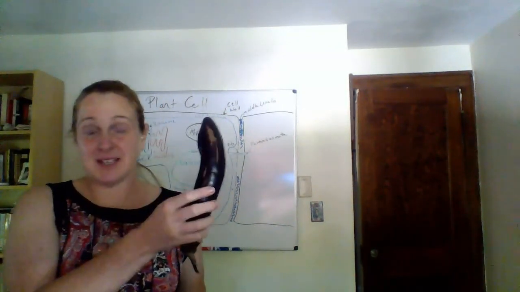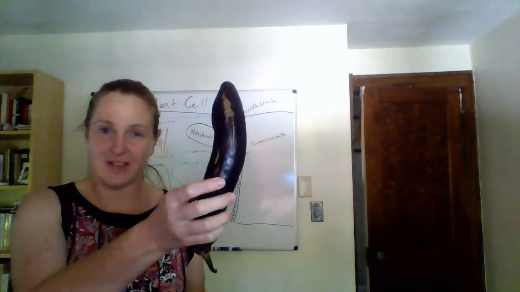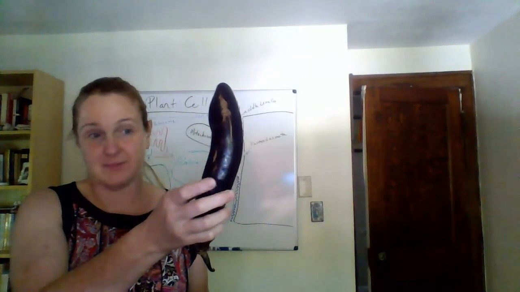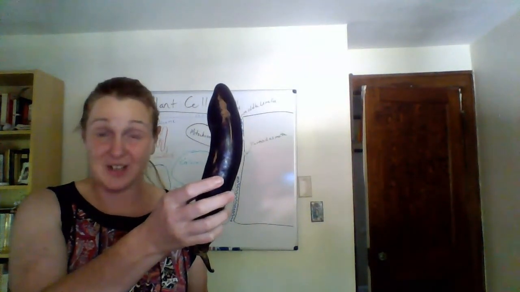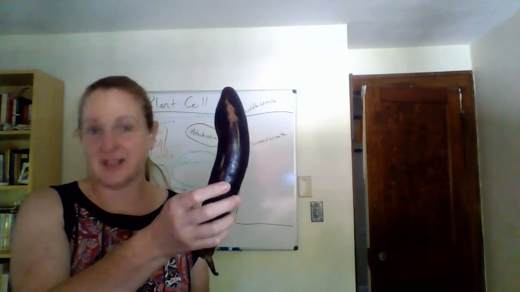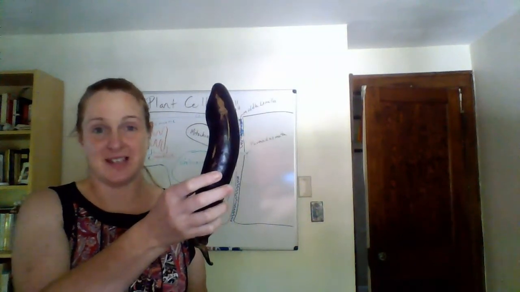So this eggplant, this deep, deep purple color in the skin tells us that there's lots of anthocyanins in the skin. If you've ever seen a purple tomato, that purple tomato is related here to our eggplant. That purple in the skin has a lot of anthocyanins. Now the red tomatoes don't have the same level of anthocyanins.